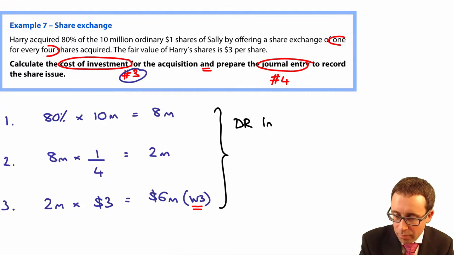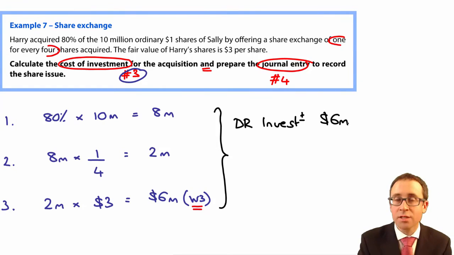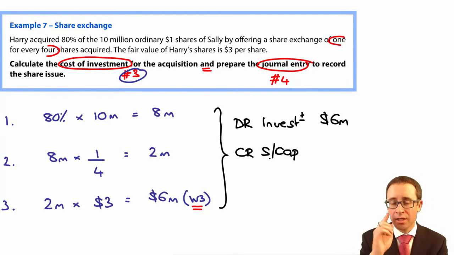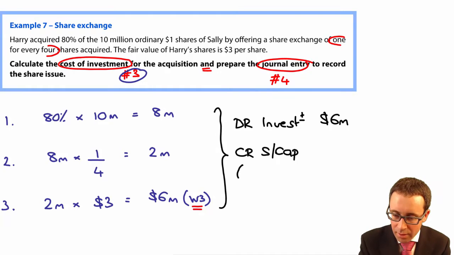That's step 4. So you debit the investment in P's books with 6 million. We credit your share capital. Again, I'm going to assume that the P shares have a par value of $1, and we issue 2 million of them.